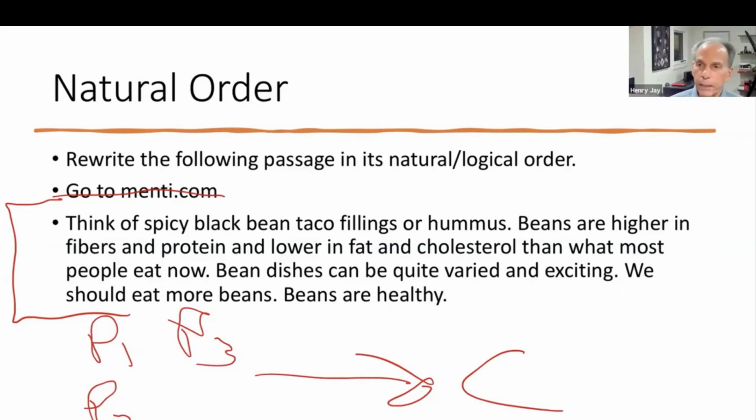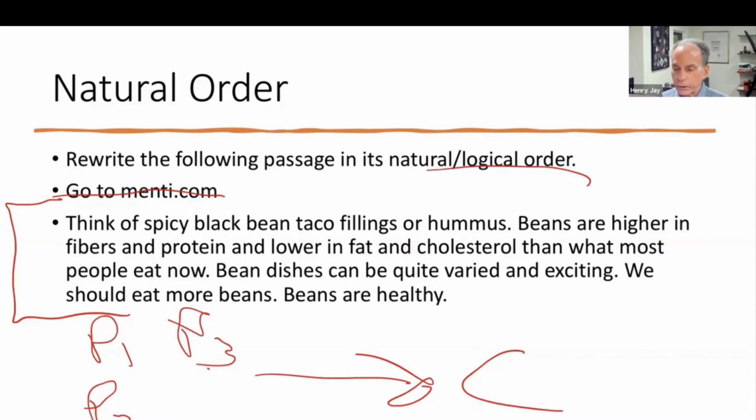I claim blah, blah, blah. Here are my reasons. Or here are some premises, and there I conclude. So look at this paragraph. How could we rearrange it so that it's in a logical order? And also each premise builds on the previous premise.